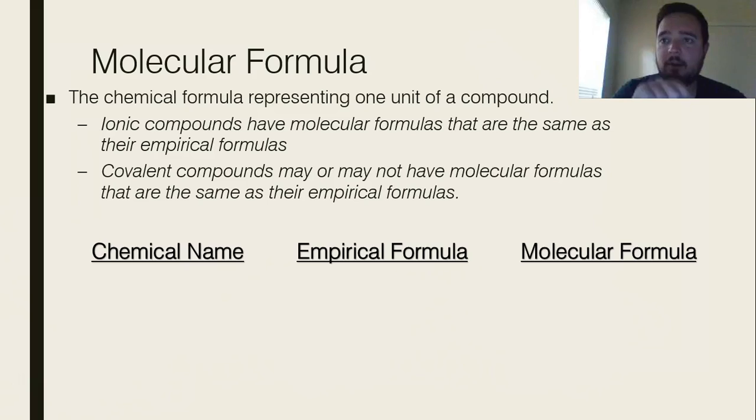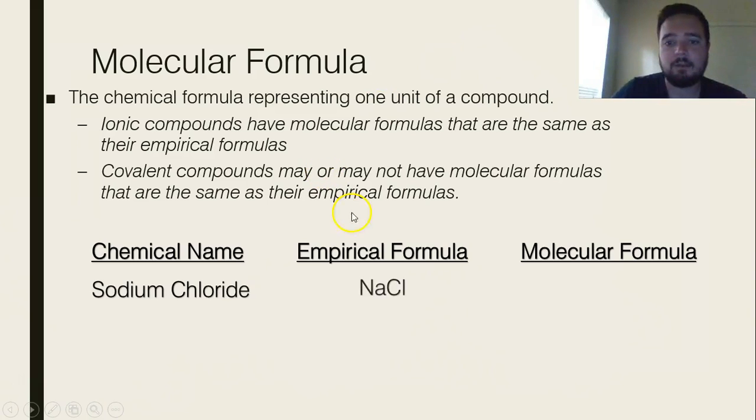So the chemical name, the empirical formula, and the molecular formula just show the differences and similarities between them. So sodium chloride, okay, is NaCl. Since it's ionic, it's going to have the same empirical and molecular formula either way. Glucose, which we talked about before, the empirical formula on the previous slide was CH2O.